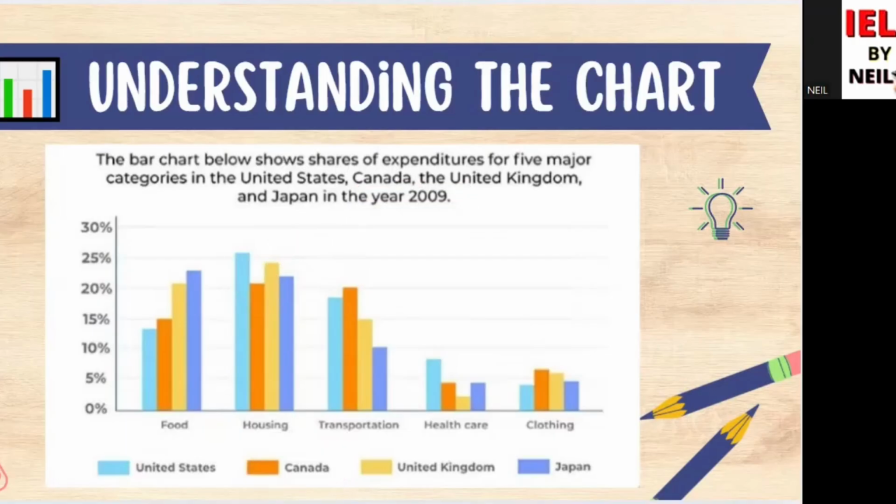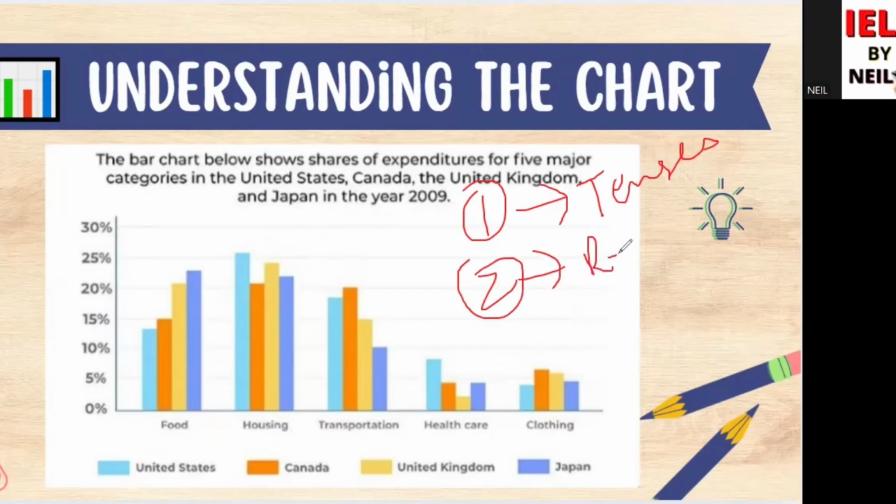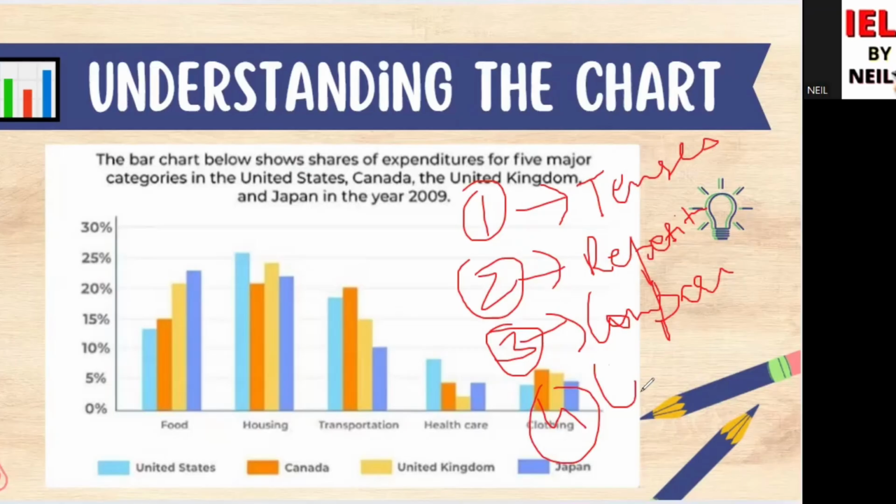A few things before we start writing about the bar graph. First of all, we have to be careful of the tenses. Second, we have to be careful of repetition of words; we don't have to repeat words again and again. Number three, we need to do comparison. Number four, we need to use connecting words.